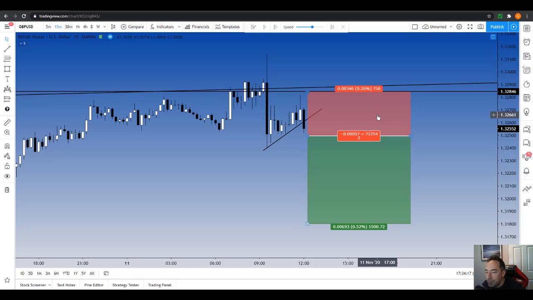When you take 2-to-1 trades, then out of those 10 trades, you only have to be right 4 times out of 10. So you can be right less times than you're wrong, or wrong more times than you're right, and still make money. This is the beauty of great risk to reward trades.